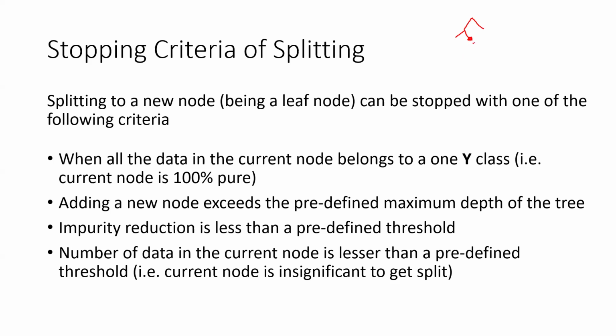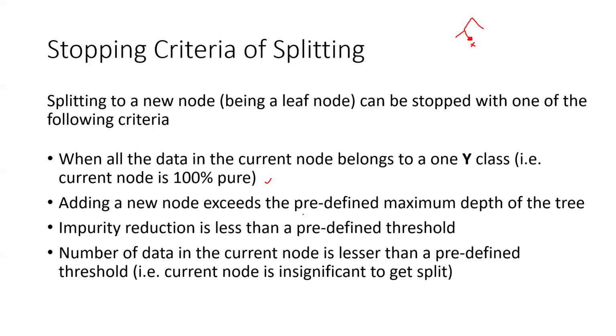So you have to stop adding new nodes here. Maybe you have to consider other nodes later, but for this node, you don't have to add it, right? So this is the first condition.